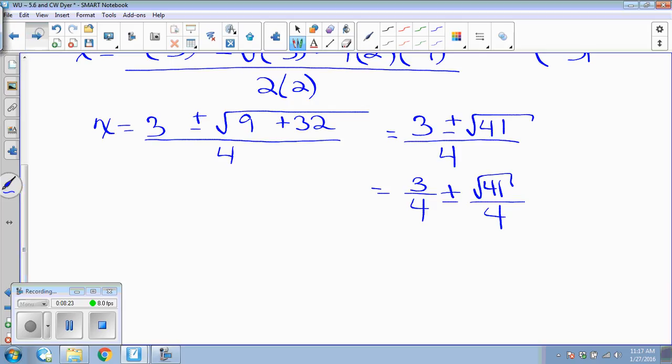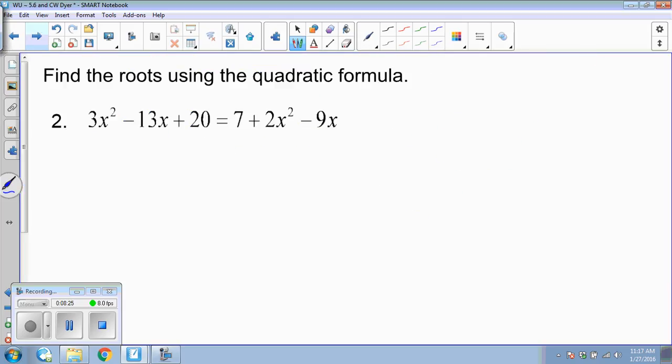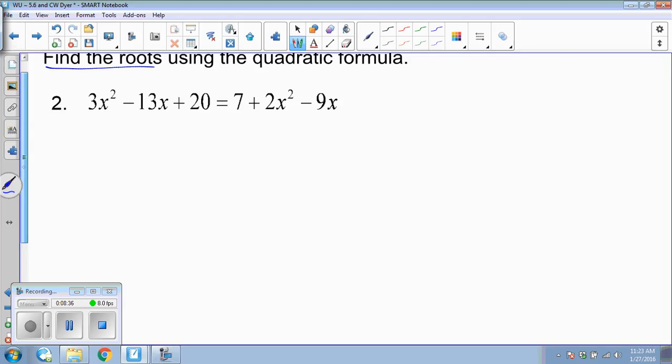All right? So I want you to do that one. So you need to combine your like terms and set it all equal to 0 first before you can pick out A, B, and C. All right, so we need to get everything to the left. So I'm going to get rid of everything on the right. So minus 7, minus 7, minus 2x squared, minus 2x squared, plus 9x, plus 9x.